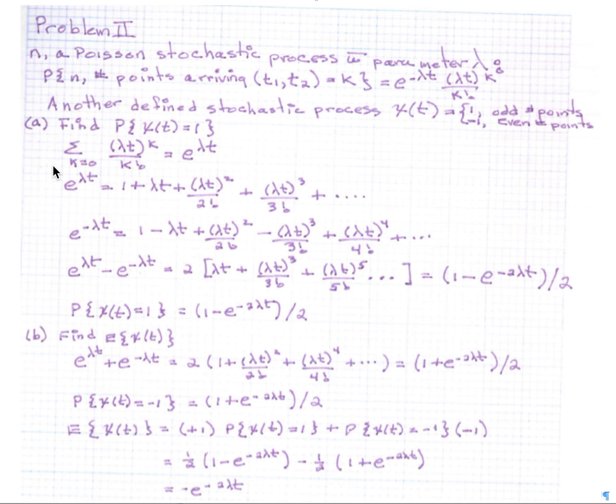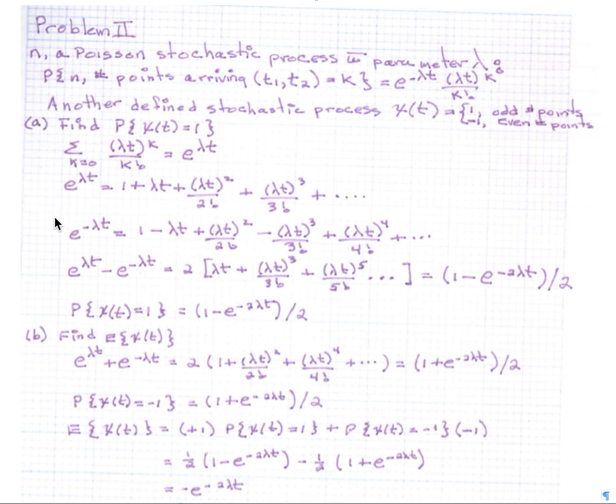Okay, basically, this breaks down into the summation for k equal to 0 of lambda t to the k over k factorial, which is equal to e to the lambda t. Now, in determining a value for e to the lambda t, utilizing the Taylor series expansion, it comes out to 1 plus lambda t plus the quantity lambda t squared over 2 factorial, and that series on ad infinitum.